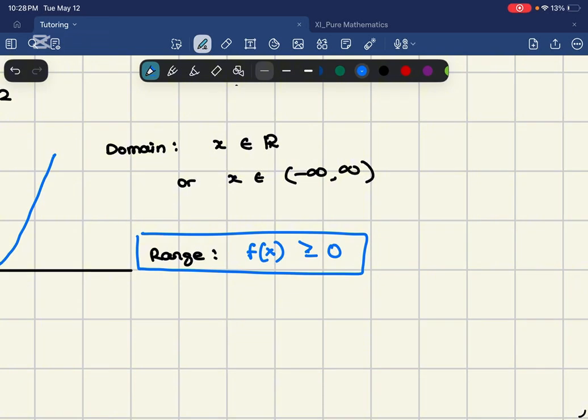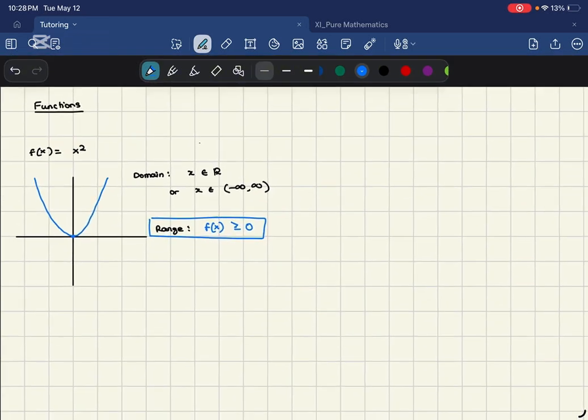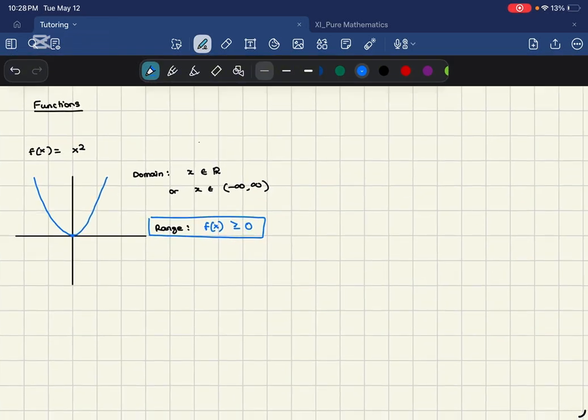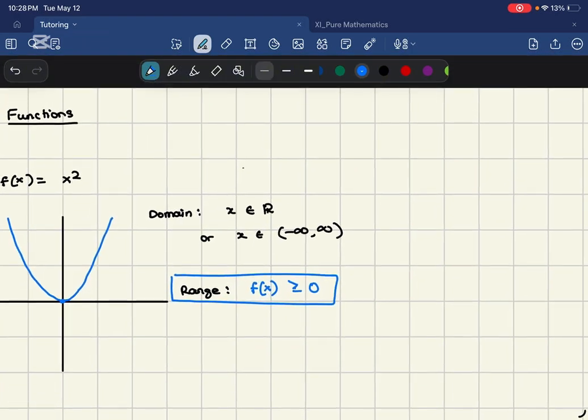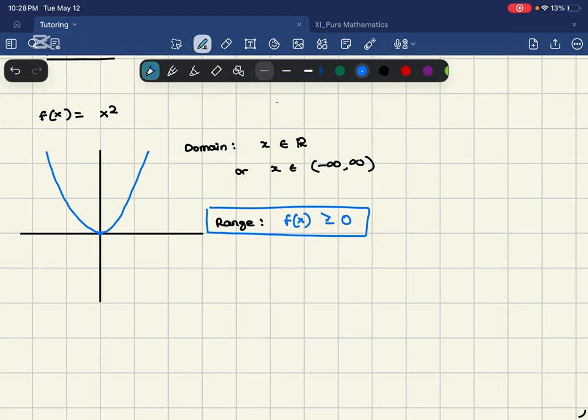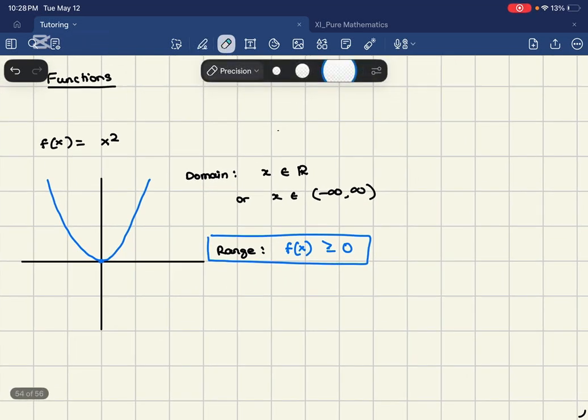So the range of this function is that it maps to 0 or positive real numbers. So your range for f of x equals x squared is f of x is greater than or equal to 0. All right, or you can say y is greater than or equal to 0. That is also okay.